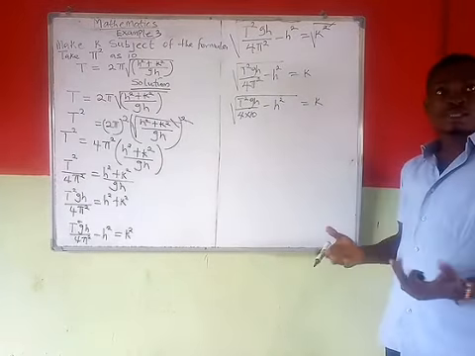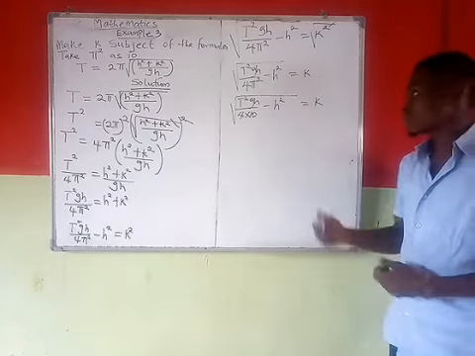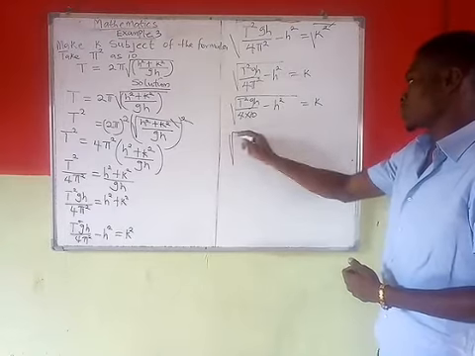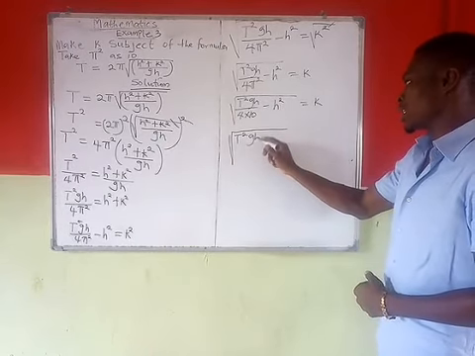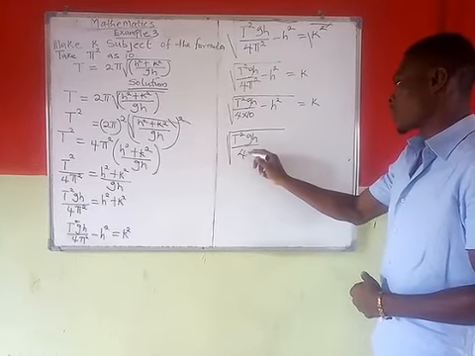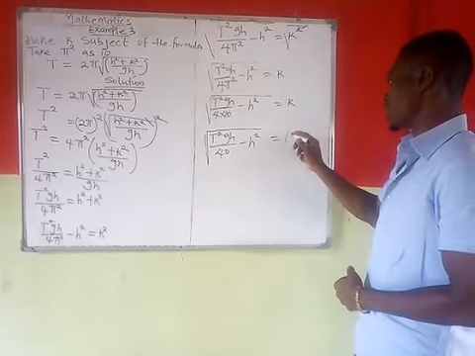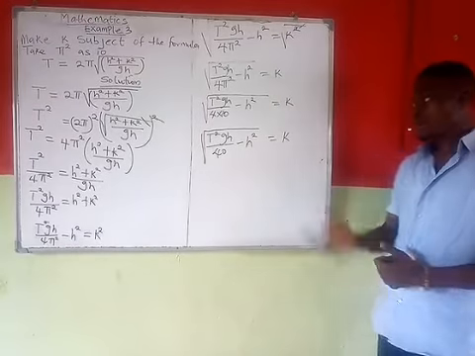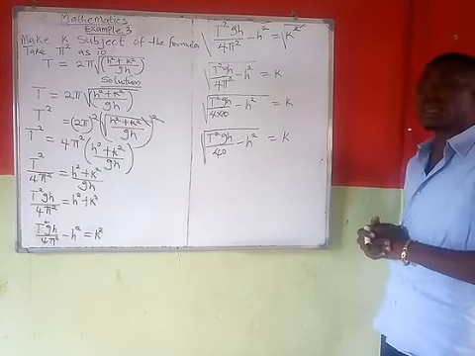Now students, 4 multiplied by 10 is 40. So we continue, square root of T squared gh over 40 minus h squared is k. And this, we've made k the subject of the formula.